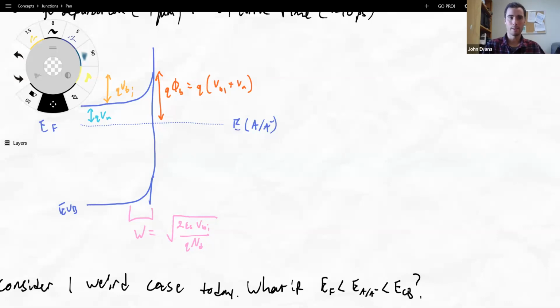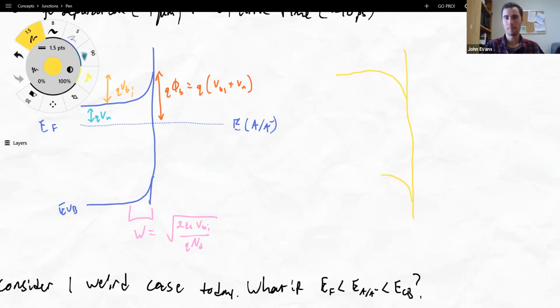And just as a note, if we were doing this for a p-type semiconductor, our bands just bend the opposite way. So in this case, we have EV, EF, EC, and our EA minus.